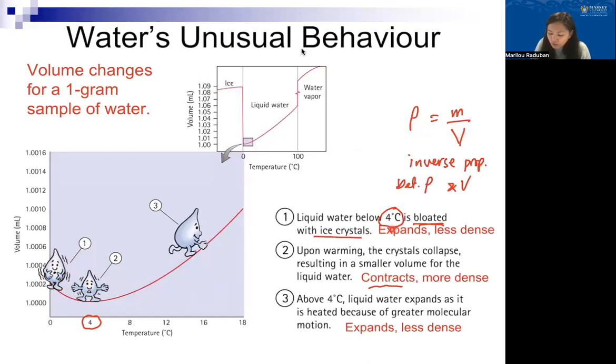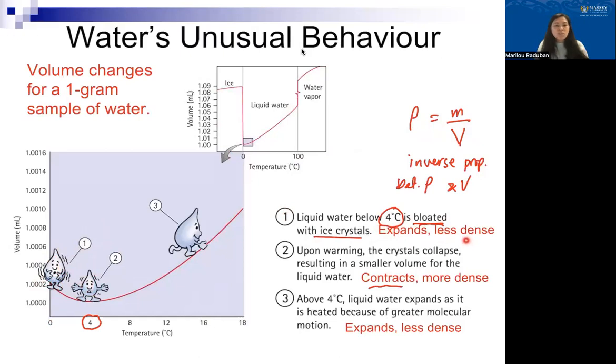So for the ice crystals below 4 degrees Celsius, so that's the first here, number 1, below 4 degrees Celsius, when you have a lot of bloated ice crystals with very large volumes, high volume means low density, and so the ice crystals will have less density.